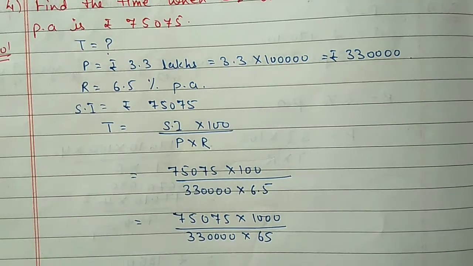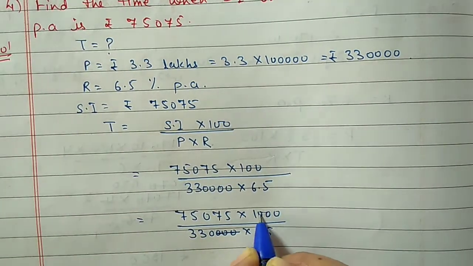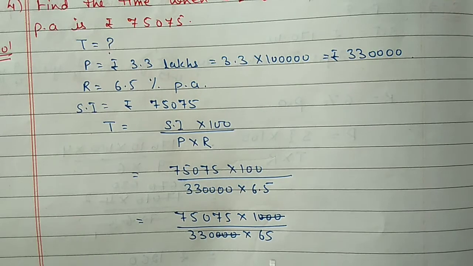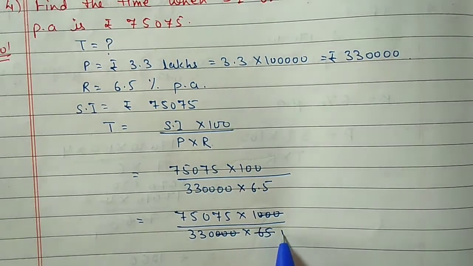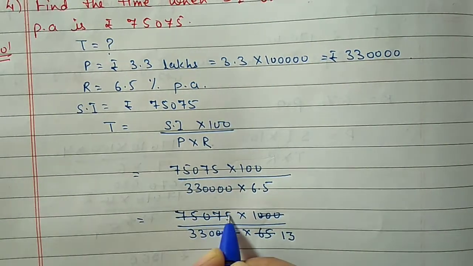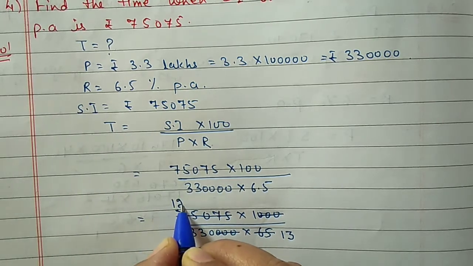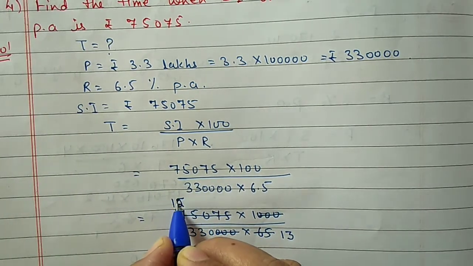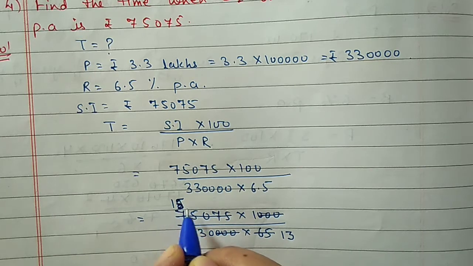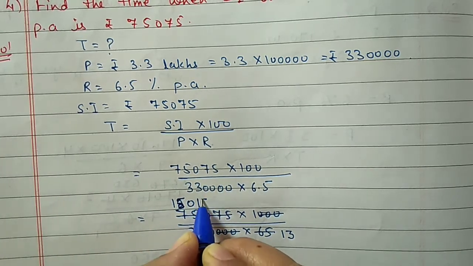Now do the cancellation. 3 zeros we can cancel directly. After this we can cancel with the 5 table. 5 thirteens are 65, 5 ones are 5.